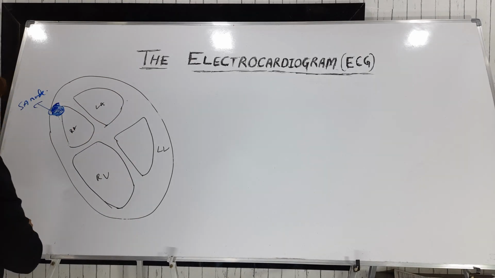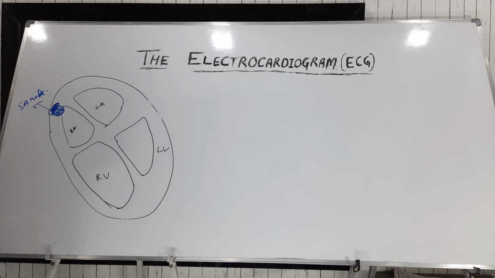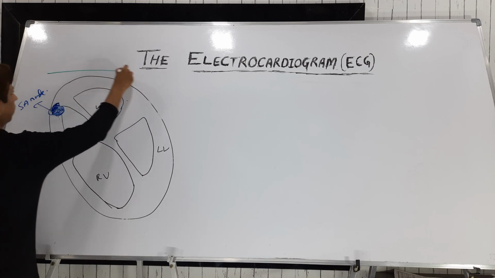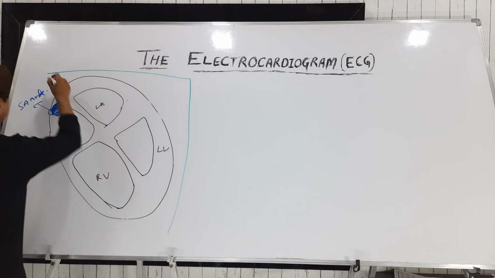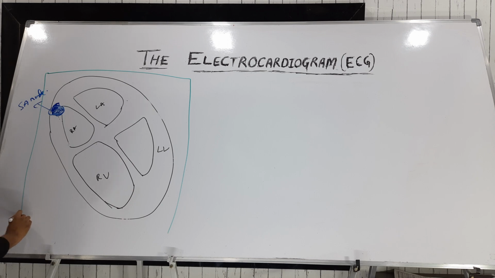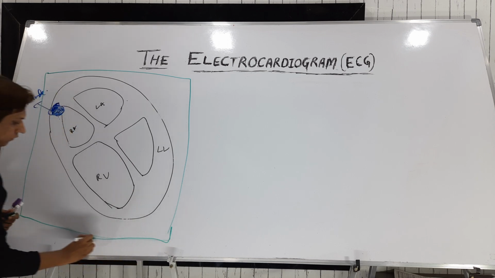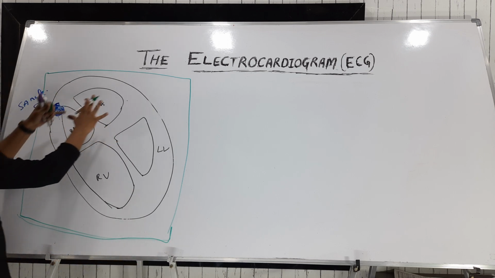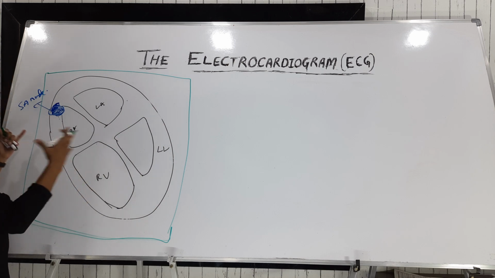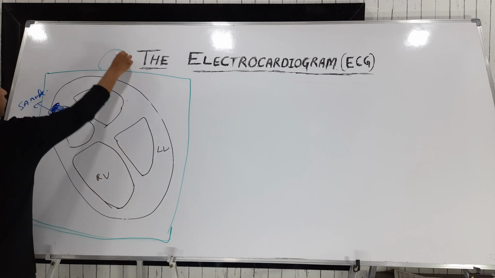Now consider this as a human being. So again I'll just draw a very rough diagram. This is suppose a human being, okay. The heart is not supposed to be so big, but just for the sake of understanding, I have shown the heart as big as the trunk. So this is the face here.